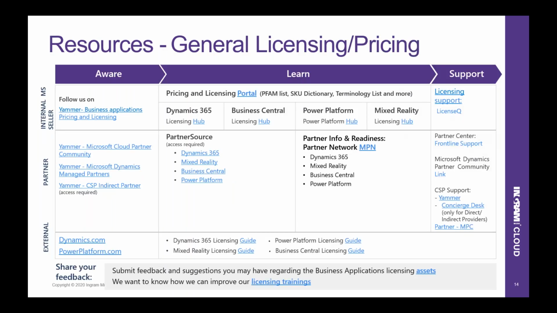In addition to that, you also have resources related to your licensing and pricing. There's one section for partner, and the other one is for external. You have all the Power Apps and Business Central licensing guide, as I've been sharing along. So that's with the resources.